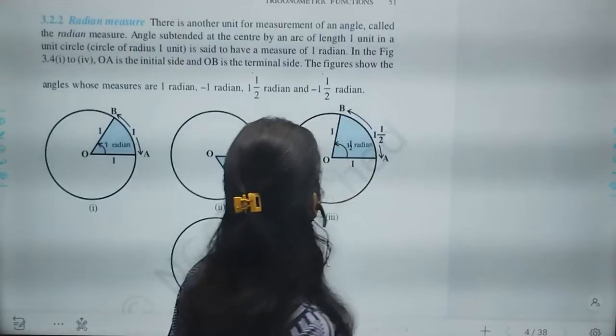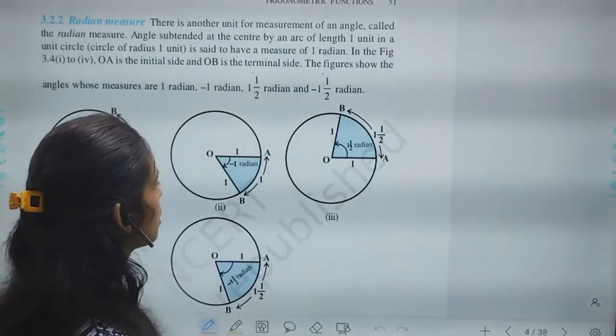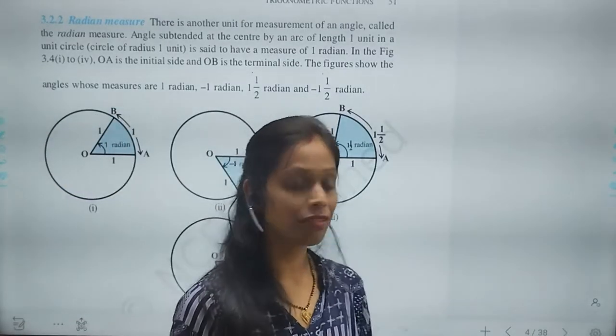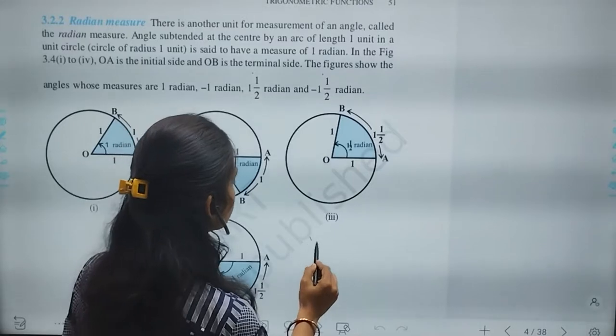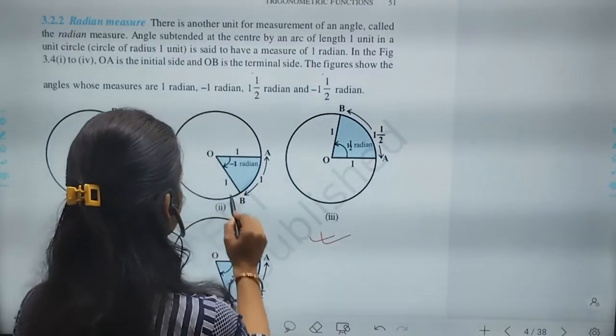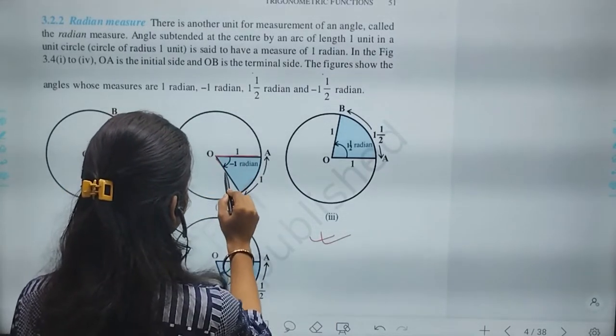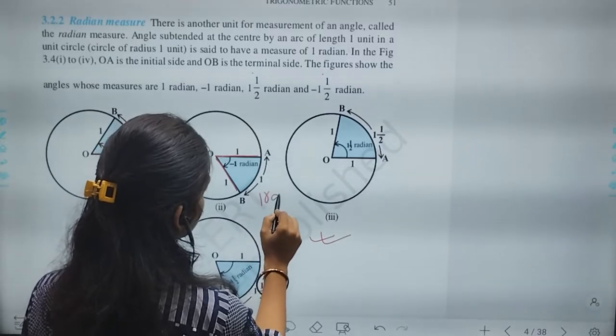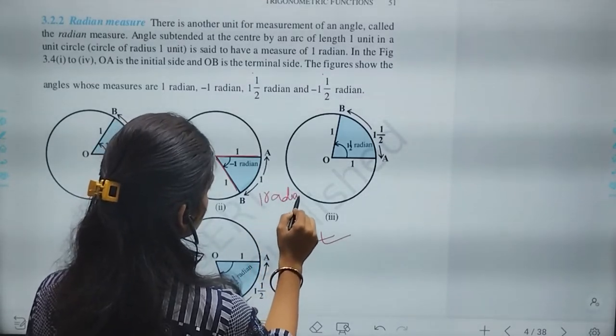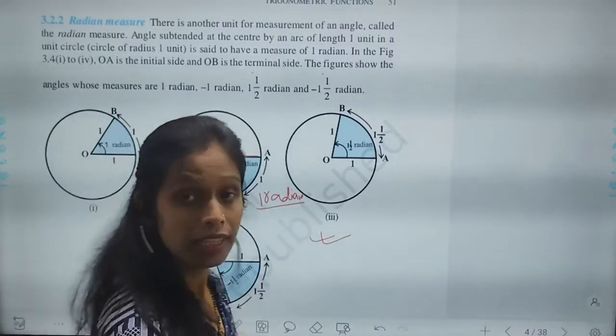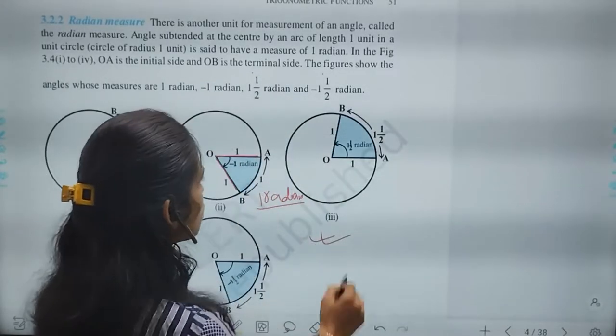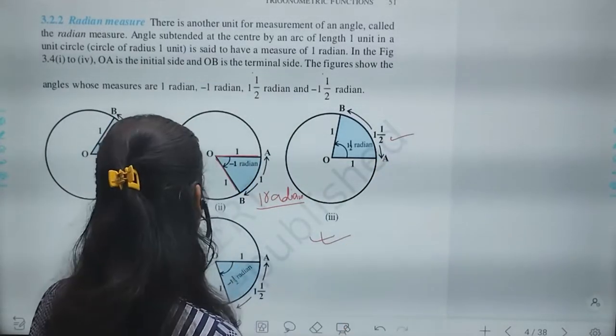Now how we measure 1 radian, 1.5 radian is given here. This is 1 and this is 1, that's why 1 radian. Because R is the same here, this is also 1 radian.